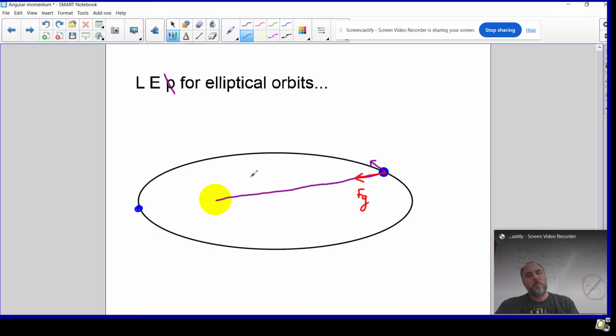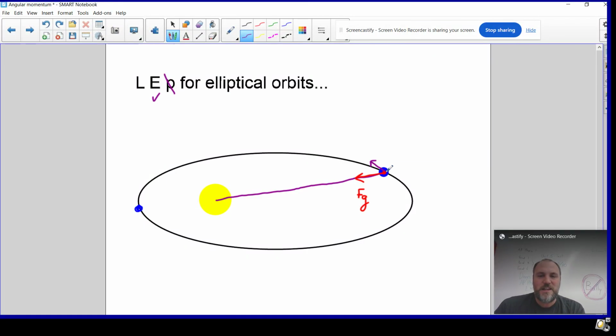Right? We know that linear momentum is only conserved for an object if the external net force is zero. So force of gravity causing a net force, this object is accelerating, so the linear momentum is changing.